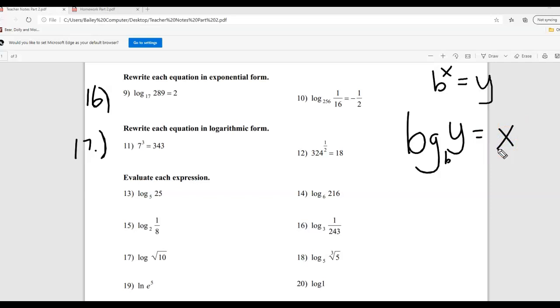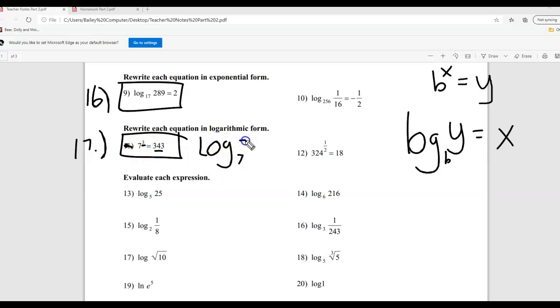So I think I'll start off with 17, and then I'll go back and do 16 after that. So if I wanted to rewrite number 17 or 11 here as a log, I would write log, and I'd put the 7 down here as a little subscript. That's its base. And then the input and the output switch places. So the 343 goes here, and the 3 goes here.